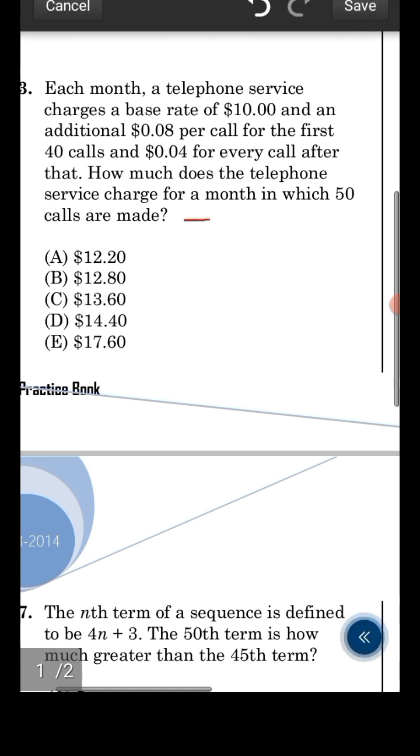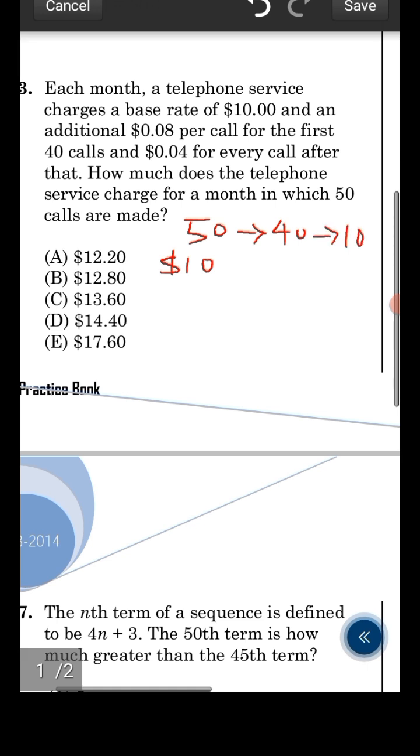Number of calls is 50. So for this, we know that we're going to have a base charge of $10. Apart from this, we now have to break this 50 into 40, which is the first 40, and then the later 10.